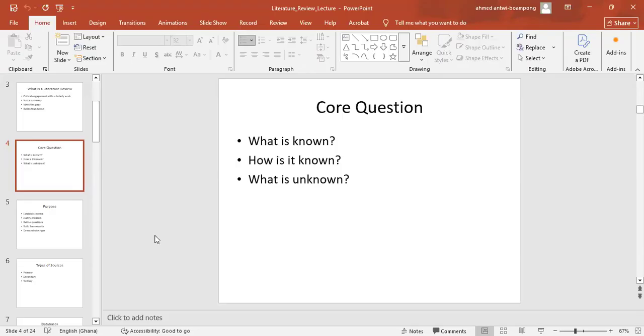Is that okay? Right. So let me do a quick engagement here. Even if you are a novice researcher or you haven't come across literature review, with the few minutes that I've just given you the foundation of literature review, what in your mind do you think literature review is?